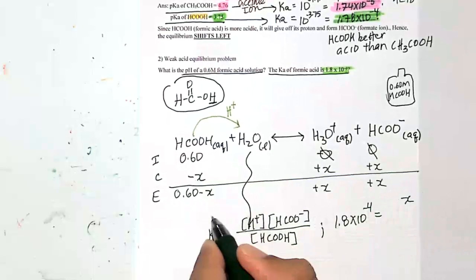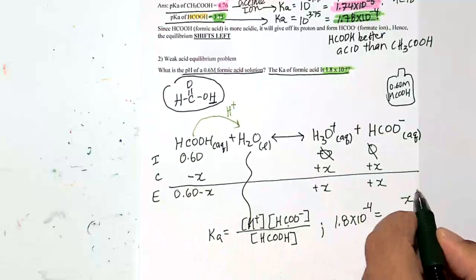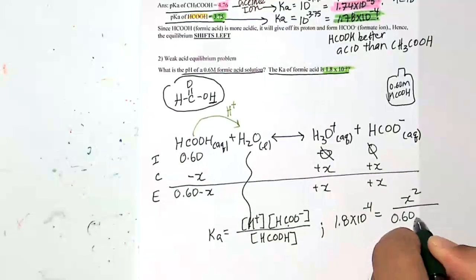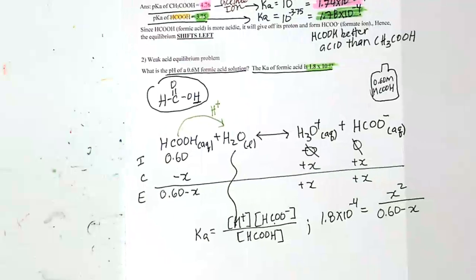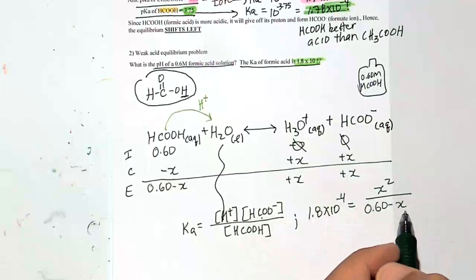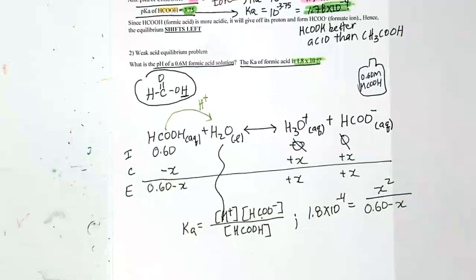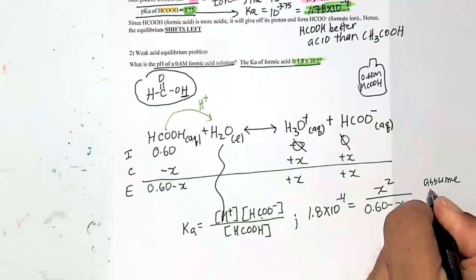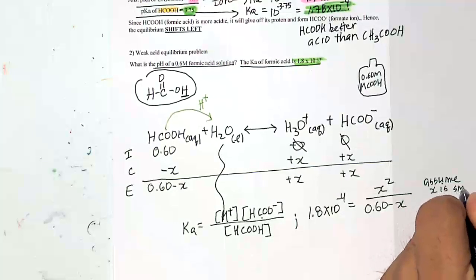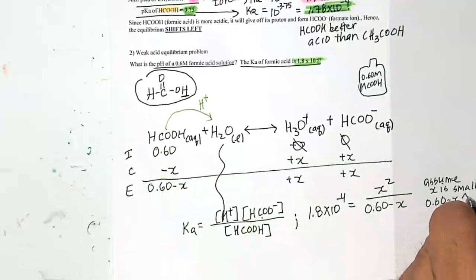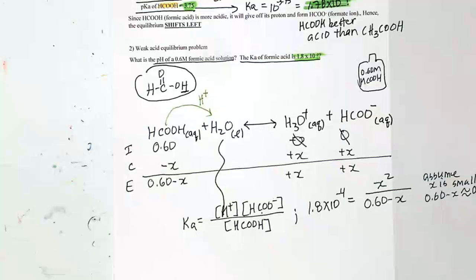At equilibrium, this is x, and HCOO minus is x. x times x is x squared, divided by 0.60 minus x. We will assume x is small, and when we assume x is small, 0.60 minus x is about 0.60.